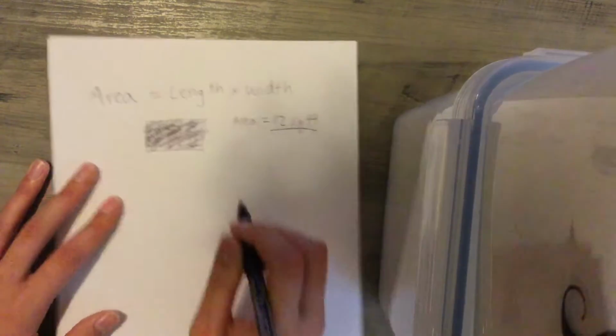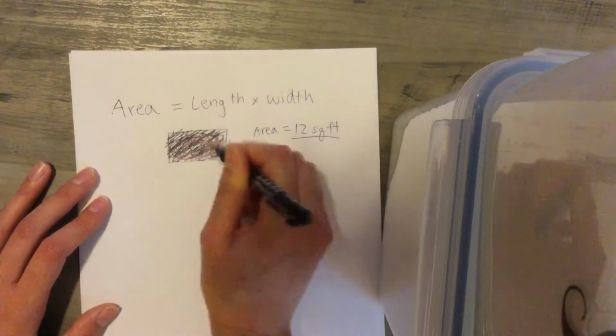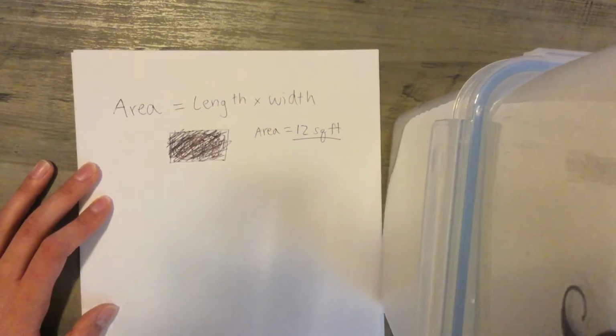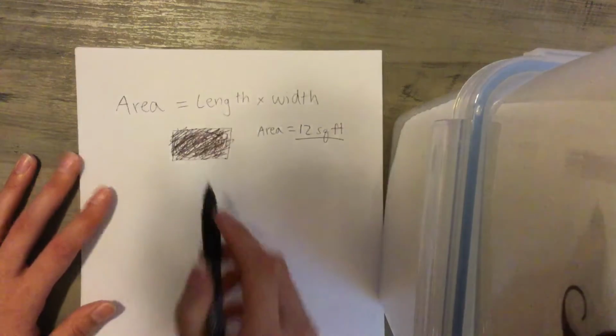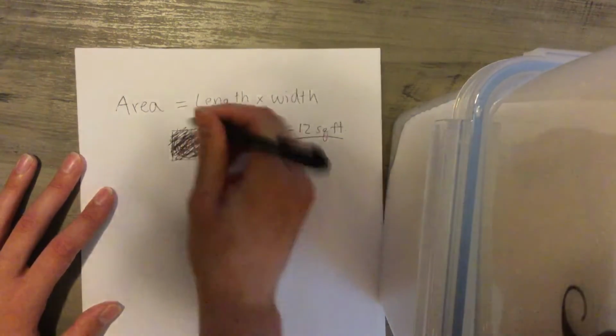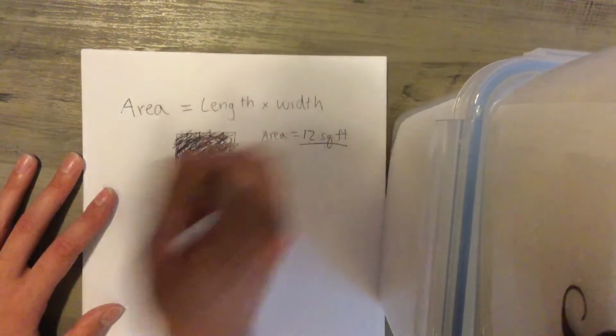What that means is the inside of that exhibit, where all the different people and plants and everything like that in the exhibit, it takes up exactly 12 square feet. So there's 12 boxes that it takes up all together, so you could count them.